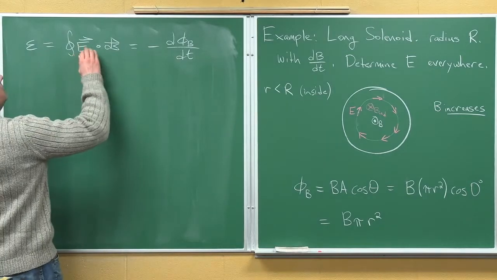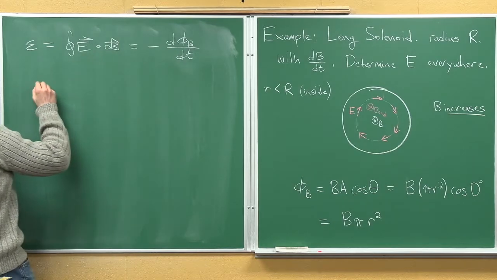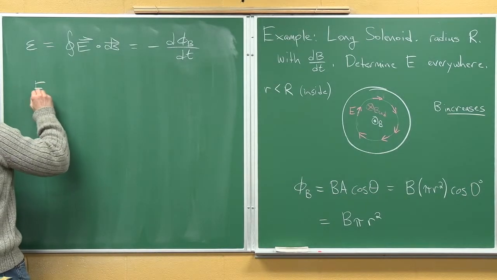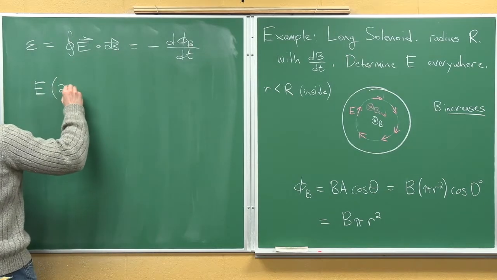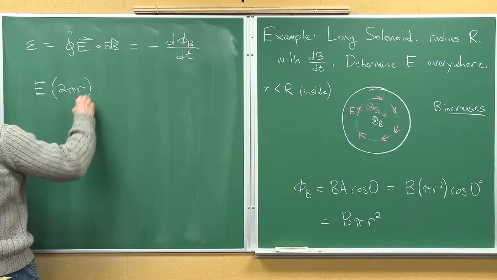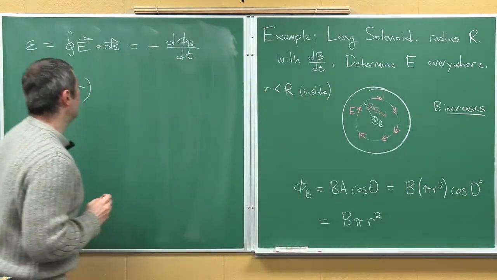When we integrated B ds around a circle, we could just say that this is E ds around a circle. So the integral will just be E times the circumference, 2 pi little r, because, again, our radius of our circle is little r, not capital R.